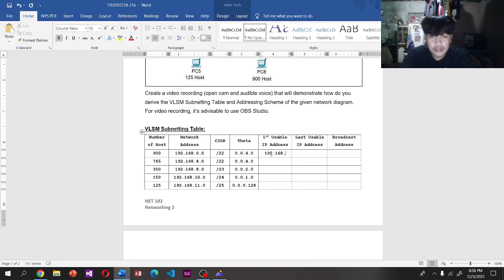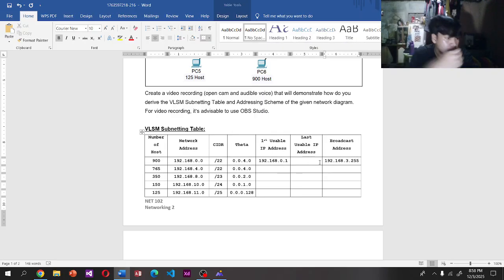For the broadcast address, we subtract one from the next network address, which gives 255 in the last octet.